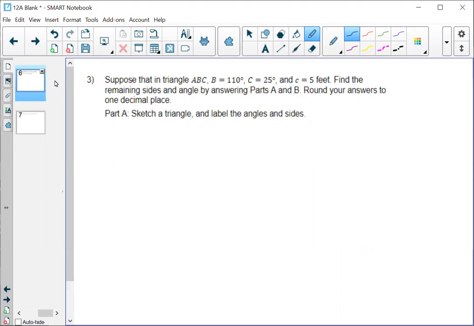So let's start with a triangle. I'll call the angles A, B, and C, and this would be side A, side B, and side C.